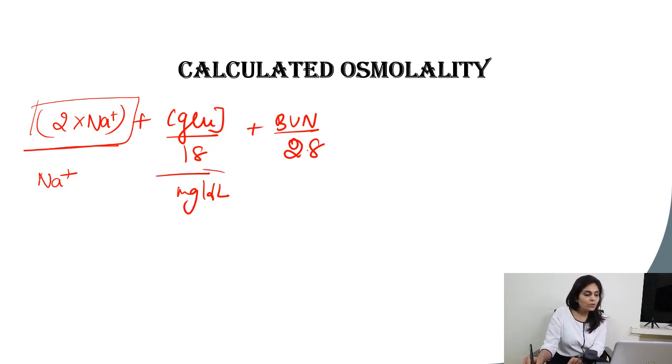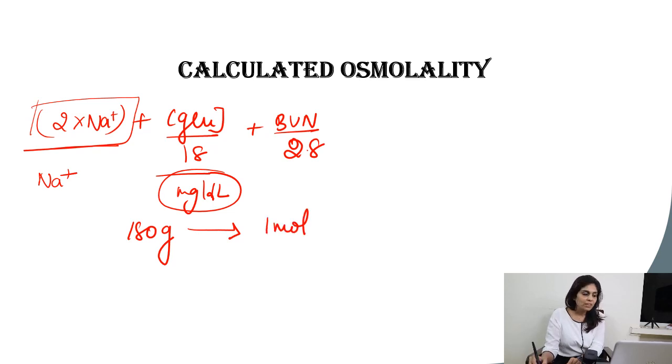So how do you convert this weight into number? Using molecular weight. We know the molecular weight of glucose is 180 gram, which means 180 gram of glucose is 1 mole of glucose. So if it is 180 milligram of glucose, it has to be 1 millimole of glucose.